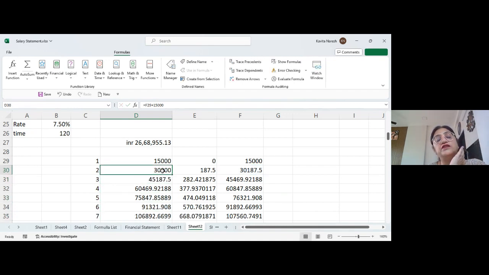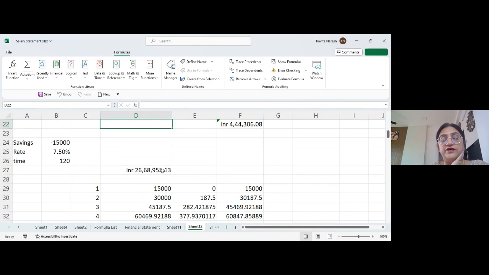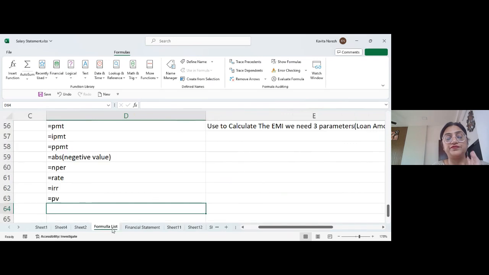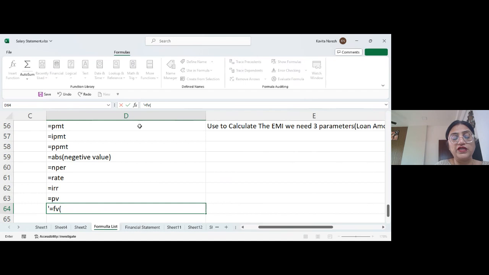Okay, so this is the way to calculate the FV. I'm going to write here the FV formula, equal to FV. You can write down the parameters also: rate, then time, then payment, PMT, comma PV, comma 0. And PV is optional. Remember, whatever arguments are given in the square brackets, they are optional.